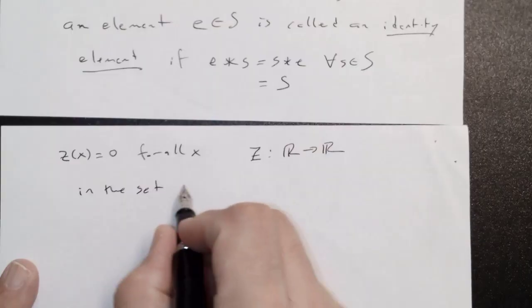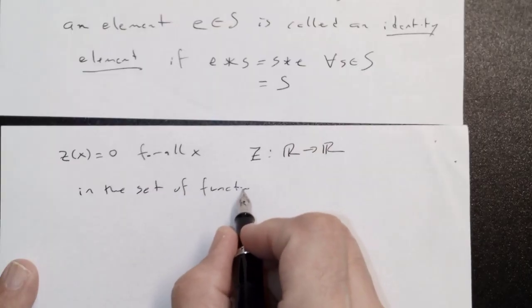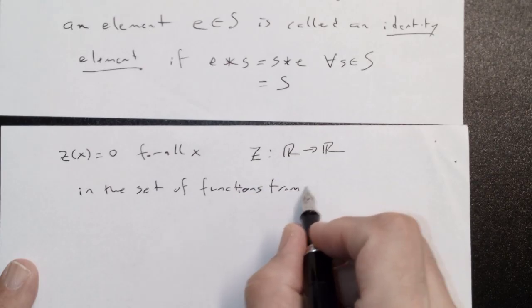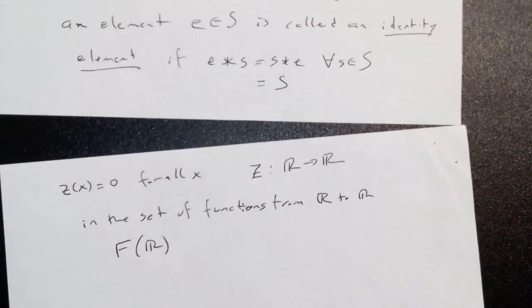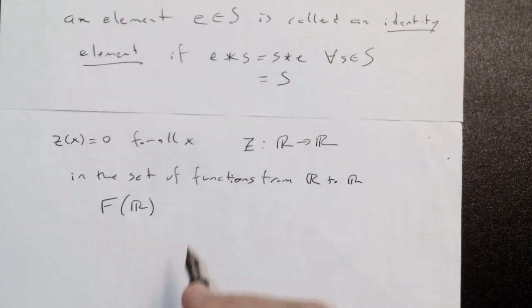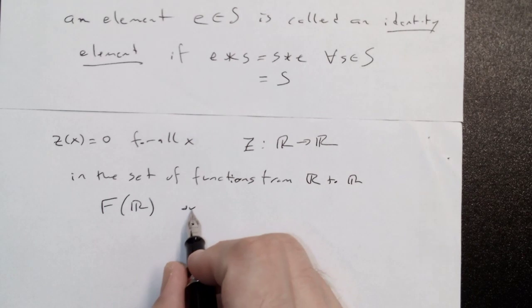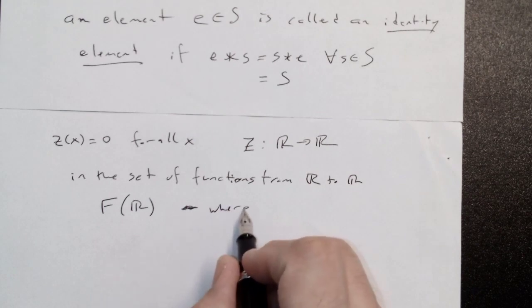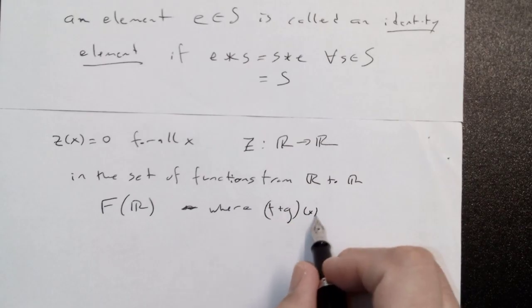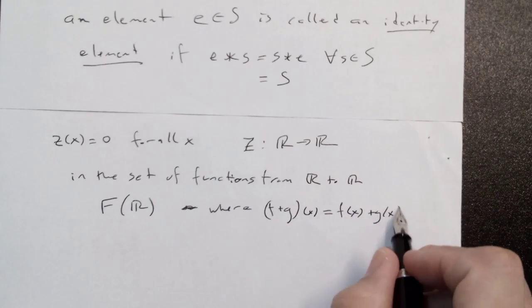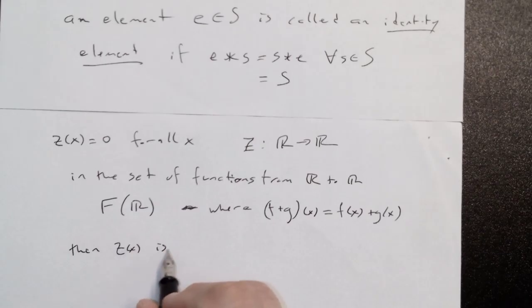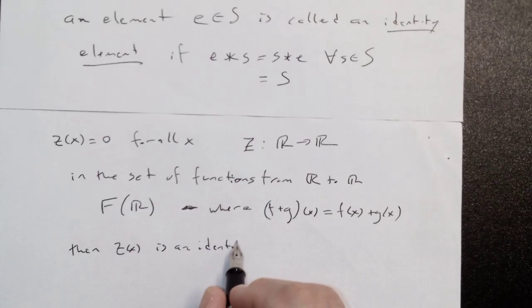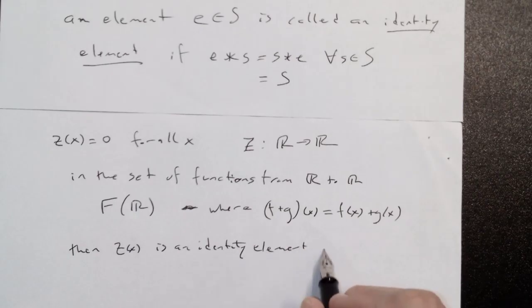In the set of functions from R to R, I will call this set FR, where f plus g of x is f of x plus g of x, then z of x is an identity element for the operation of addition.